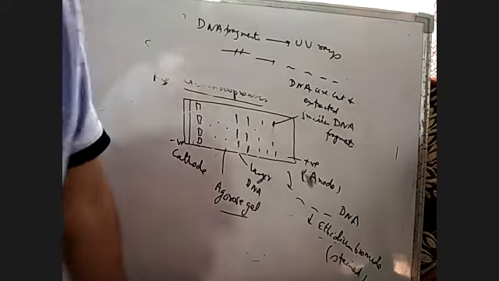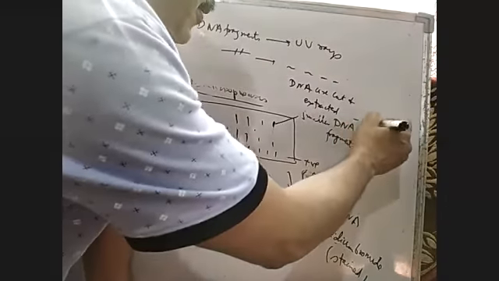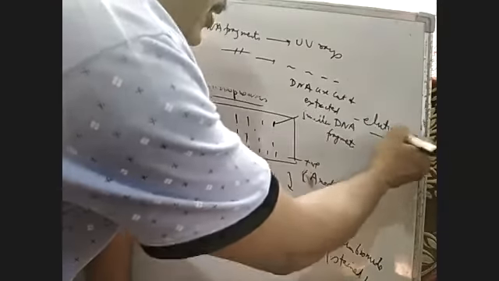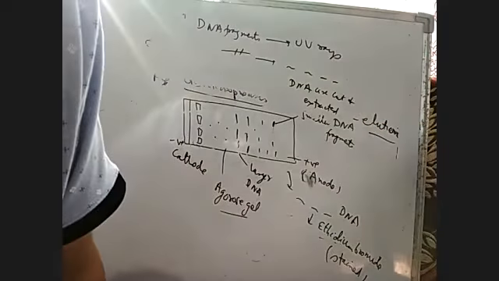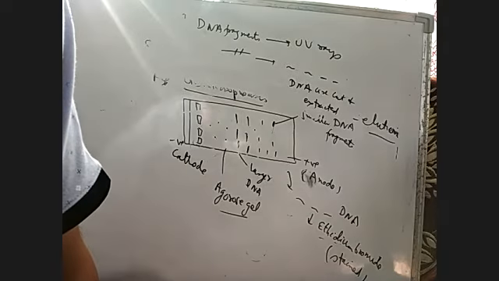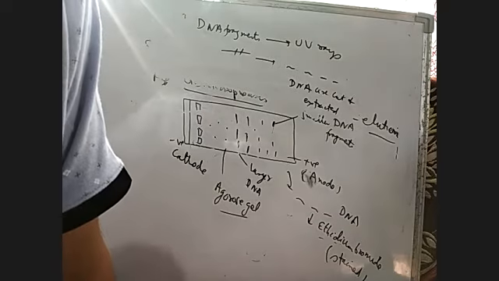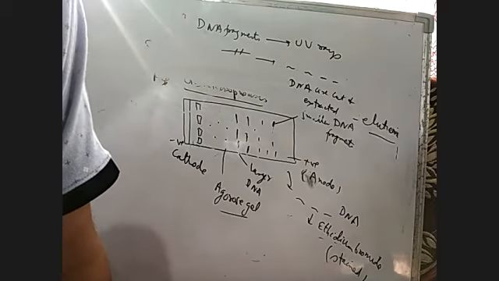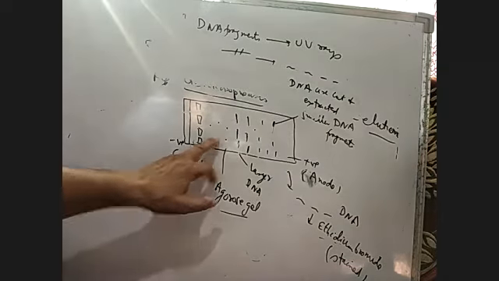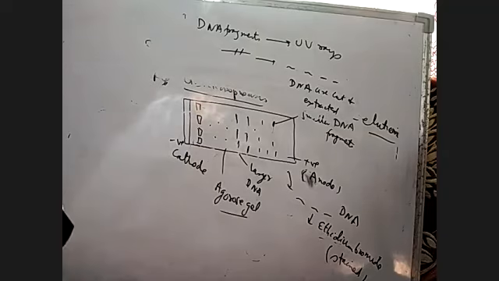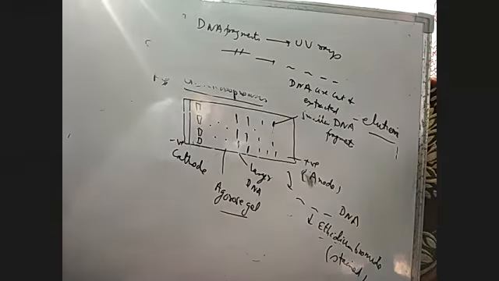This step is called elution. Cutting of the DNA fragments and extracting them is called elution. In gel electrophoresis, we take agarose gel, and in the agarose gel we take the cut pieces of DNA, which are negatively charged.